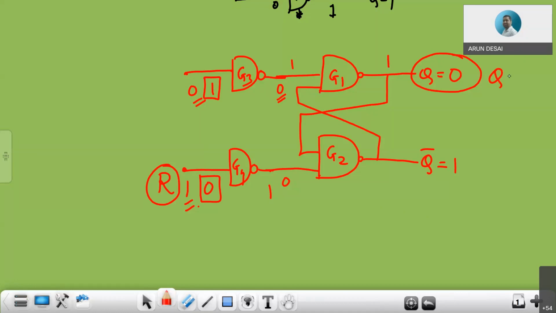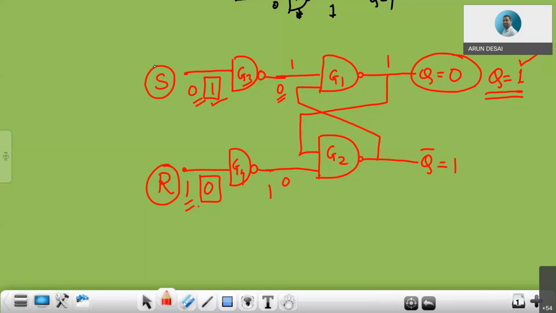That means Q becomes 1 in the next iteration, right? So if we have 1 as an input, Q becomes 1 here, right? So this is called a state of this flip-flop, or you can say 1-bit memory cell. So this is called a set reset flip-flop, right? Or states, right?